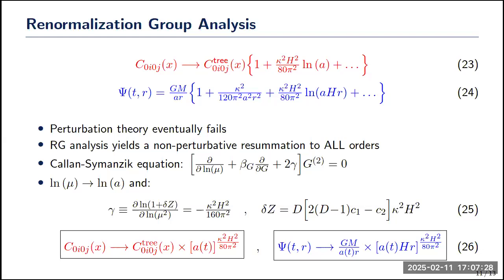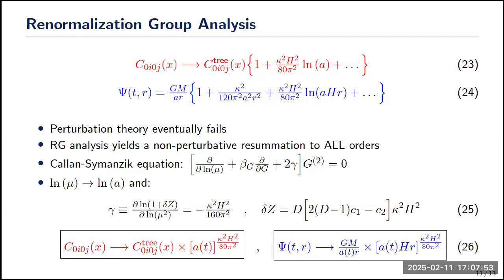It's explicitly given by kappa squared H squared over 160 pi squared. That is completely determined by the coefficients of your renormalization counterterms. And when all is said and done, and you solve this equation for the Weyl tensor and the Newtonian potential, you get that.